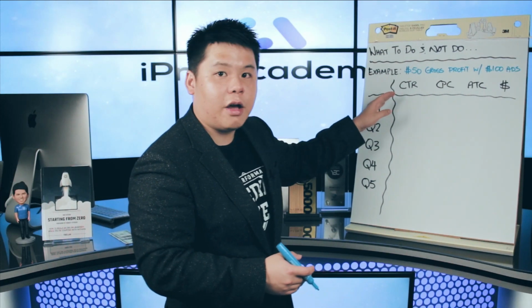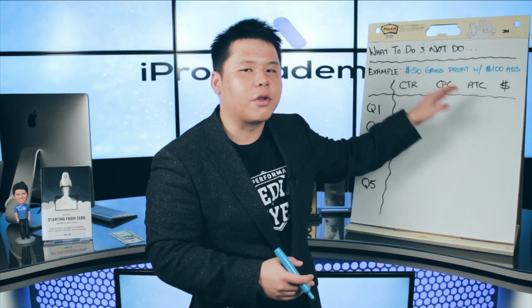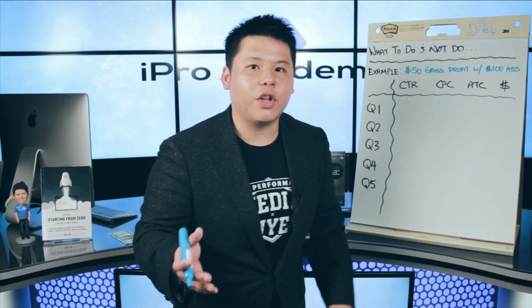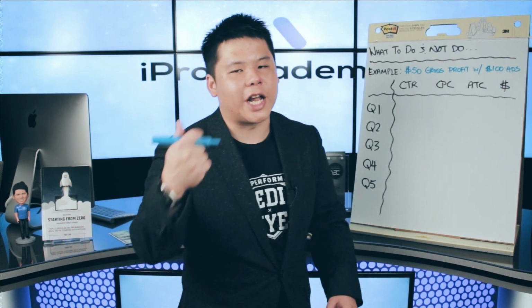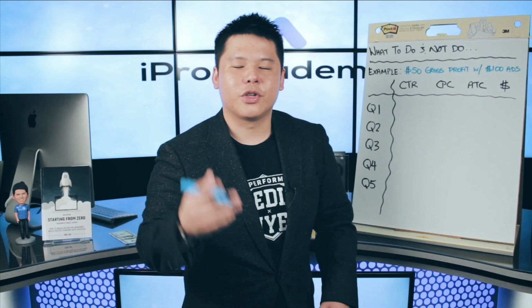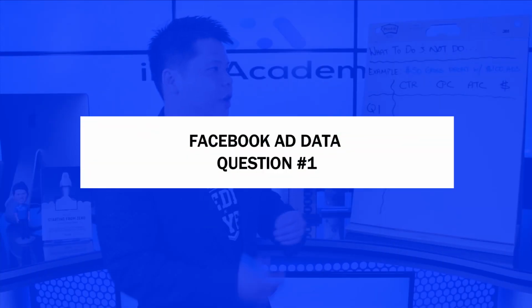So each sale we make $50, and we've already spent $100 in ads. All you have to do is simply answer the question: should I pause the ad or should I not pause the ad? So with that, let's dive right into the first scenario that could happen.